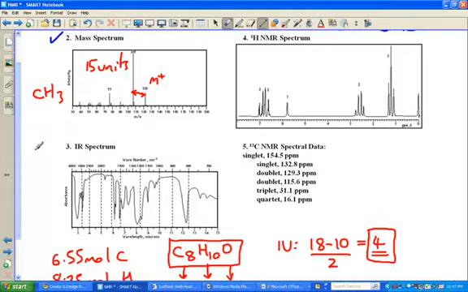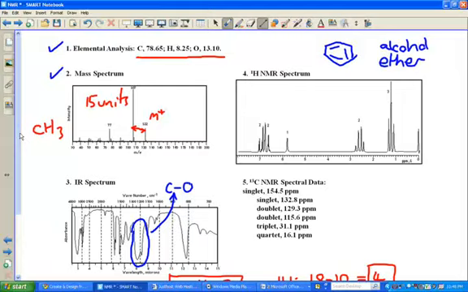Okay, let's just come down here. There is a bunch of stuff around here that's not of any real use. This very broad peak at around 1250 is just a carbon-oxygen single bond stretch, which actually doesn't help us distinguish one way or the other, because you have the carbon-oxygen stretch in both the alcohol and the ether.